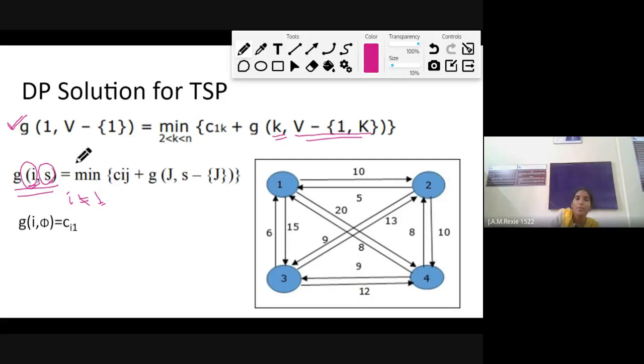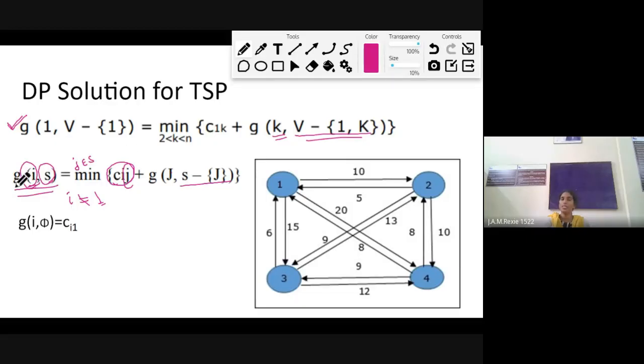So that j can take the values from S. For every vertex in the set S, I have to choose one by one. Okay. And with that, the cost from i to j, the cost plus, now I have chosen j, right? So from j through the remaining vertices, so we are having S minus j. So what is this cost? So by adding up this, whichever is giving the least cost, that j will be chosen.